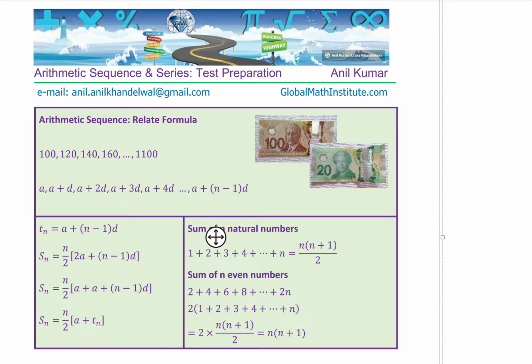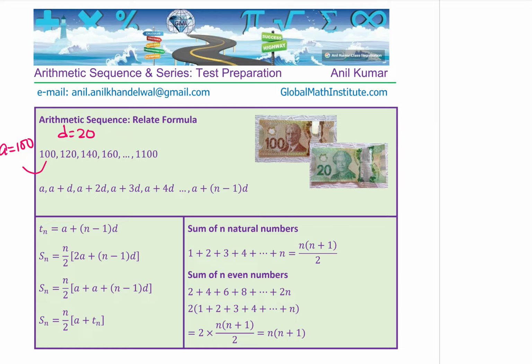Now the very first example which I took is that we have $100 and we keep on adding $20. So what we are doing here is that we start at 100. So the A value is 100 and the common difference D is 20, which we are adding, correct?